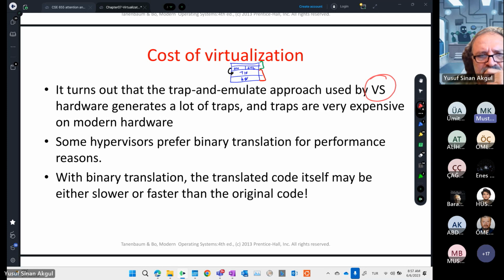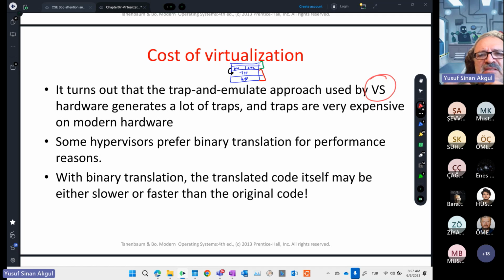Because modern hardware is very fast and a context switch takes some time. On older hardware, it doesn't make much difference. Tell me why. What you are saying is true, but why is it more expensive on modern hardware?